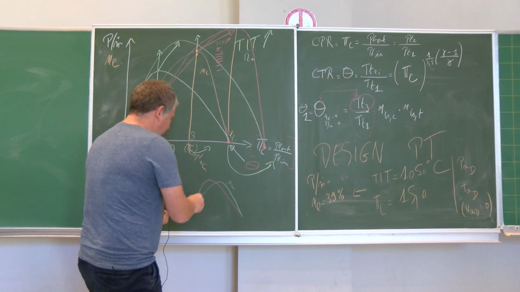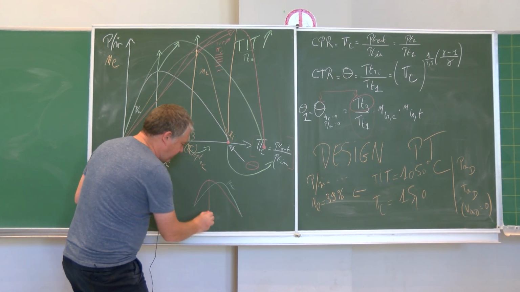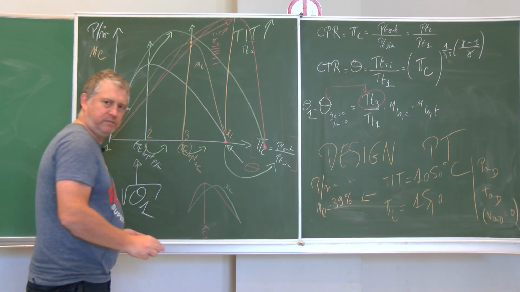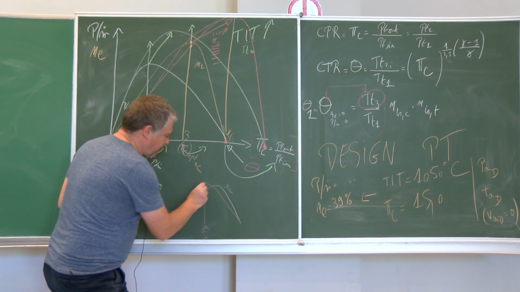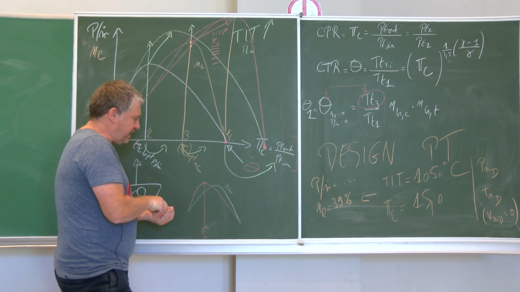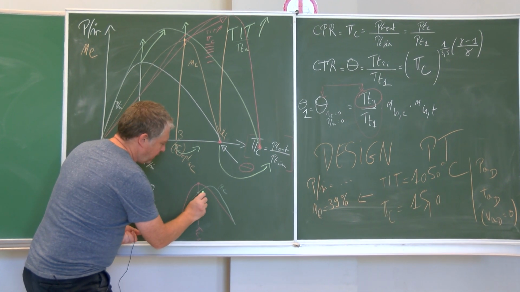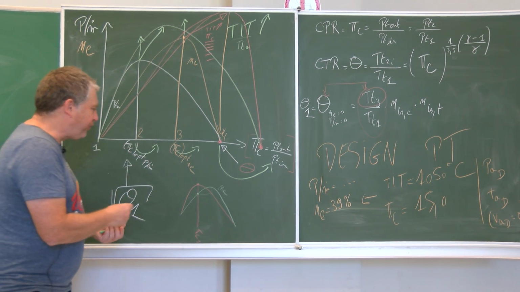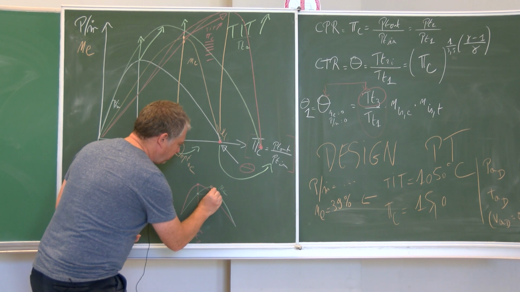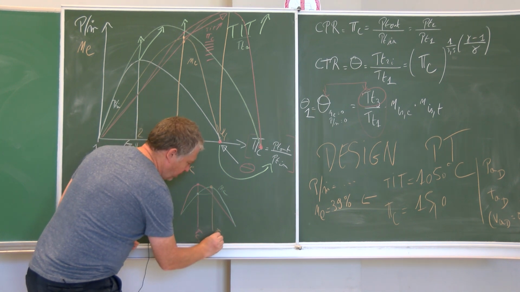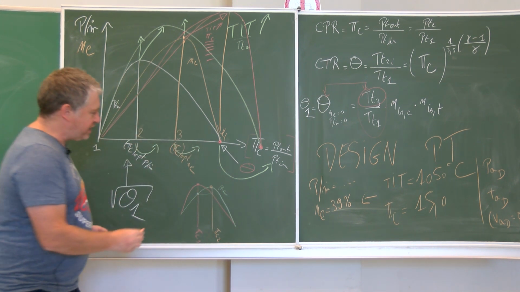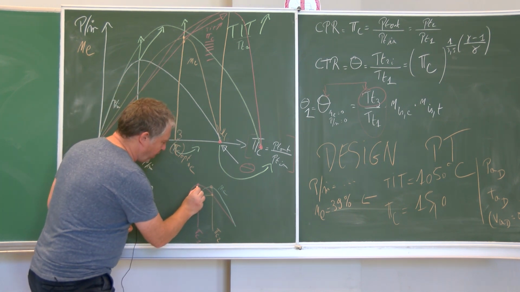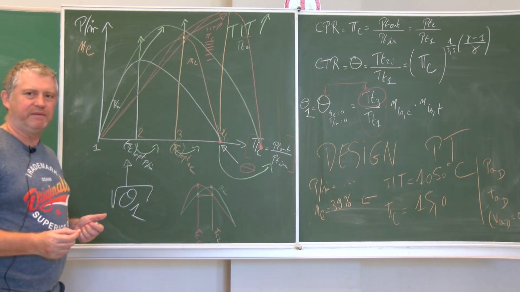And you see, if you select this pressure ratio, you will have this that is maximum, but this one is much lower than the maximum. And if you select this point, so this pressure ratio PC2, you see that eta E will be maximum, but this point is much lower than the maximum here.